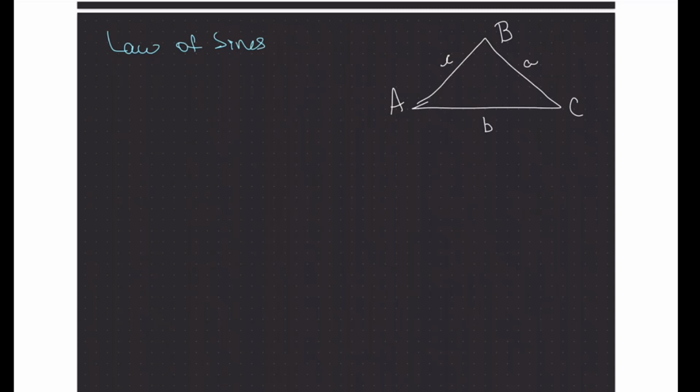So our little formula for the area of a triangle: area is going to equal 1/2, and I'm going to go with BC times the sine of A.